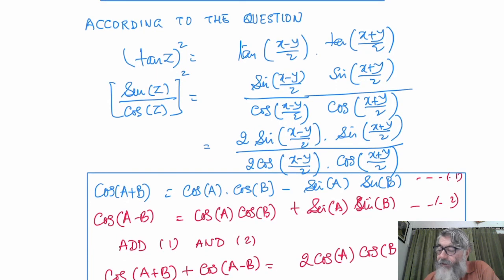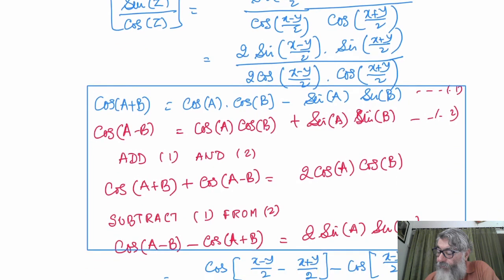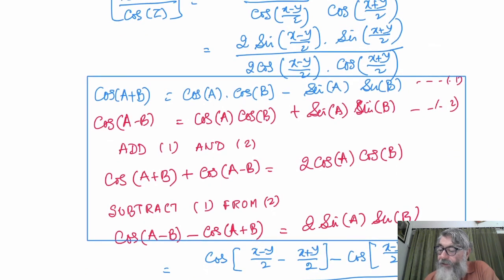Then we multiplied the numerator and denominator by 2, because we know the formulas for 2 sin a sin b and 2 cos a cos b. I derived the formulas for you.